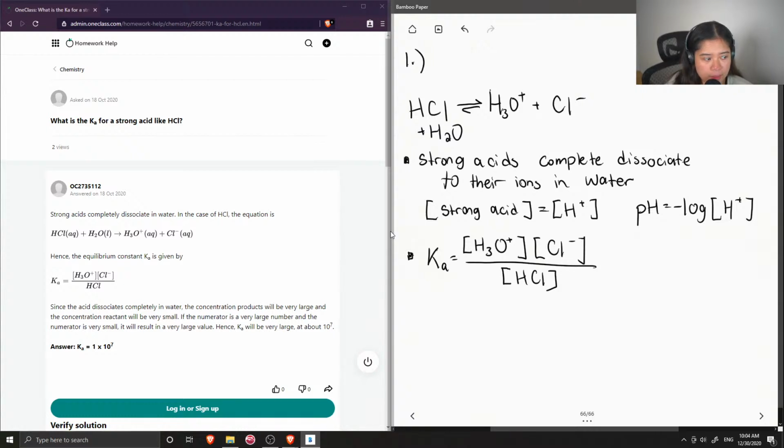So by knowing the concentrations of H3O plus and the Cl, it's going to be equal to the concentration of that strong acid.